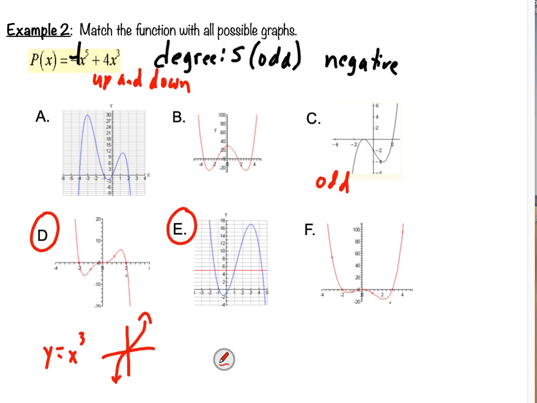So both D and E are going to be negative and go up and then down. I'm just going to write this over here by this other one. I'm going to say this is odd and positive. So I always have that one in my mind. And then I have y equals x squared in my mind.